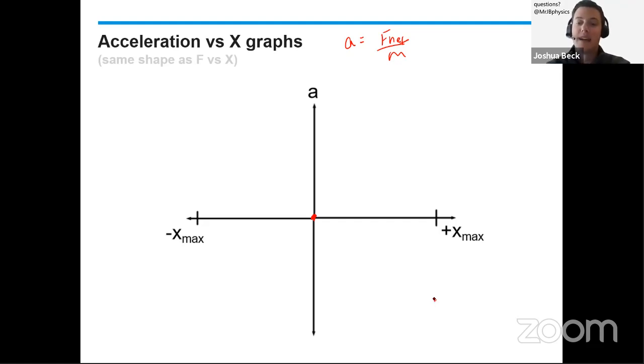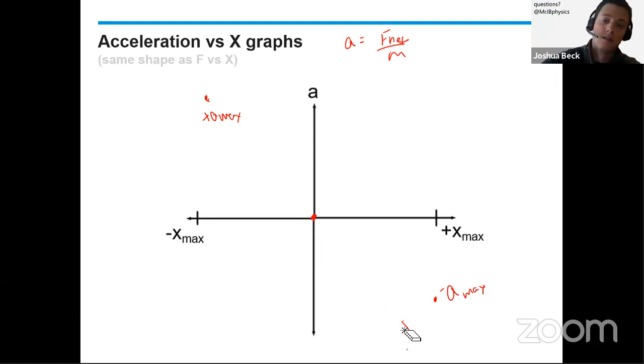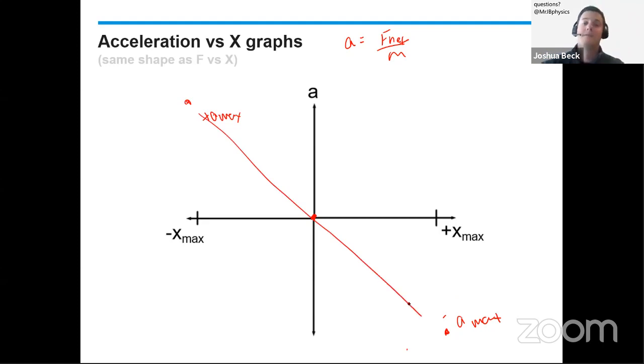So my maximum negative acceleration would be here, and my maximum positive acceleration would be here. And we end up with, well, if I could draw these in the right spot, we'll try this again. There we go. We get a line that looks more like this.